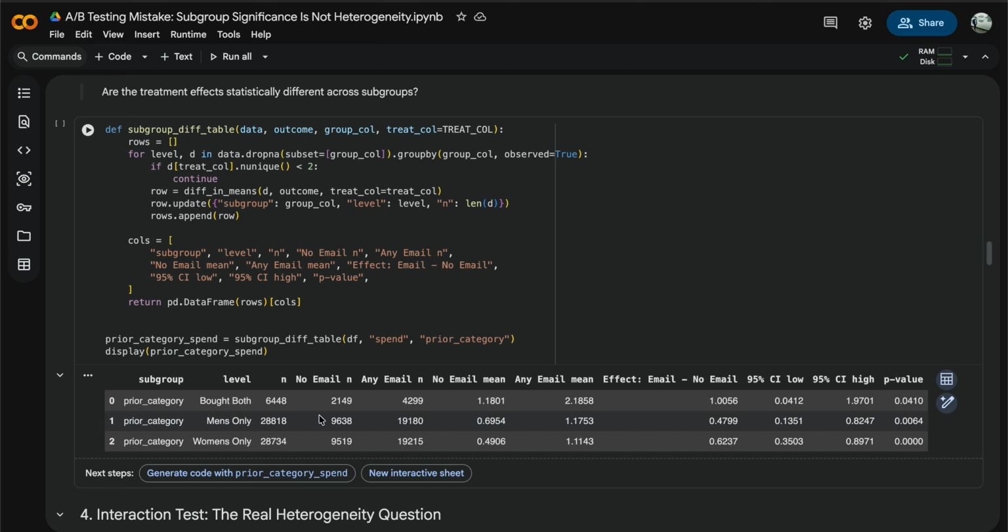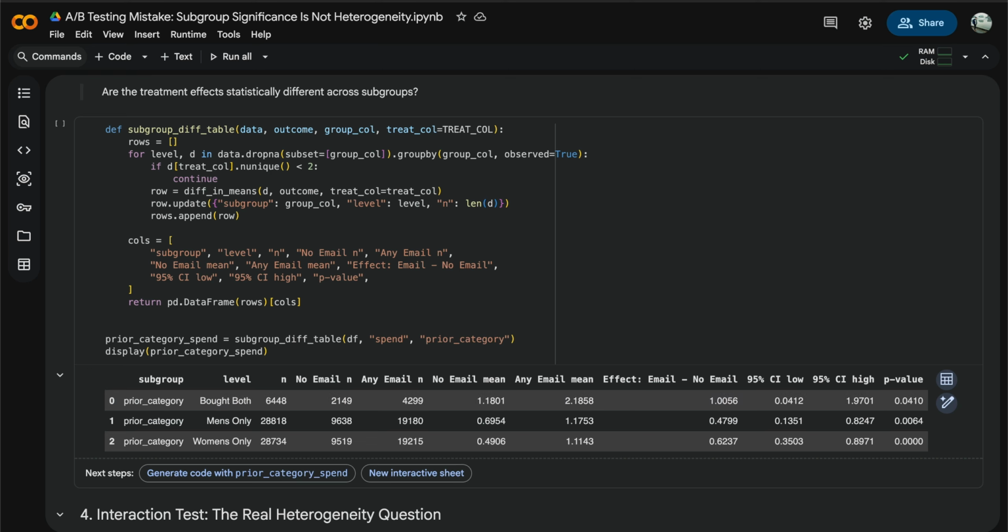This table only tells us whether email appears to work within each group: bought both, men's only, women's only. It only tells us, within each group, with email versus no email, whether it is statistically significant or not.